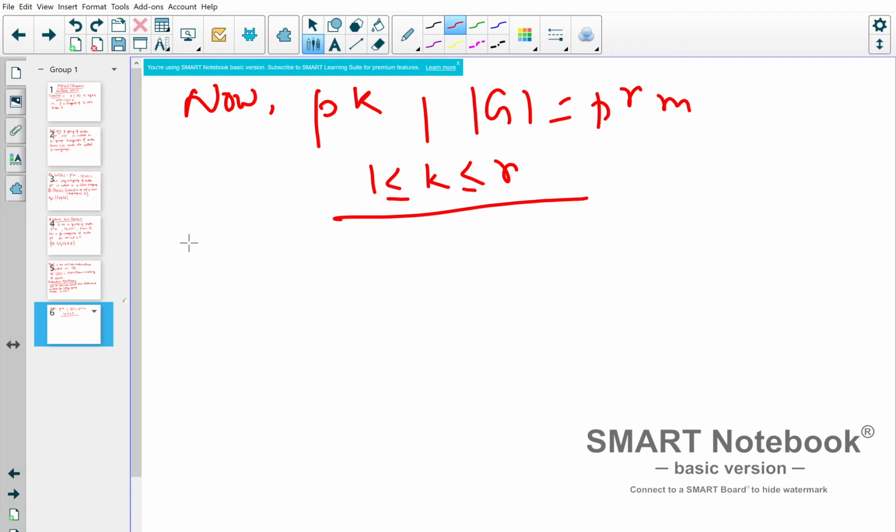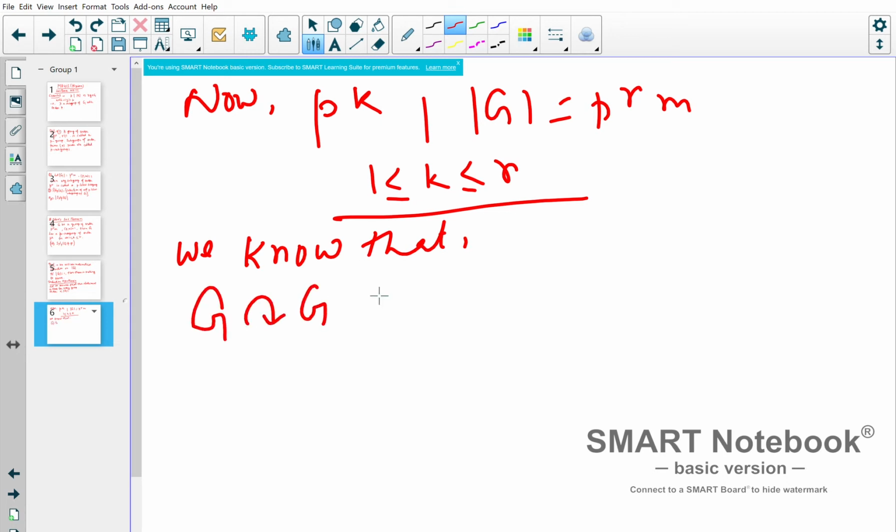Now we know that G is acting on itself via conjugation, and hence you have the class equation.